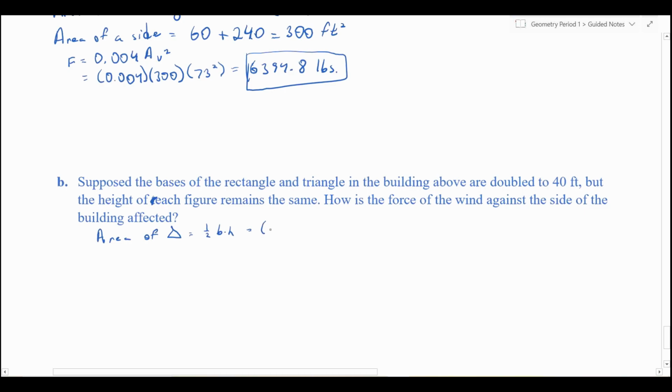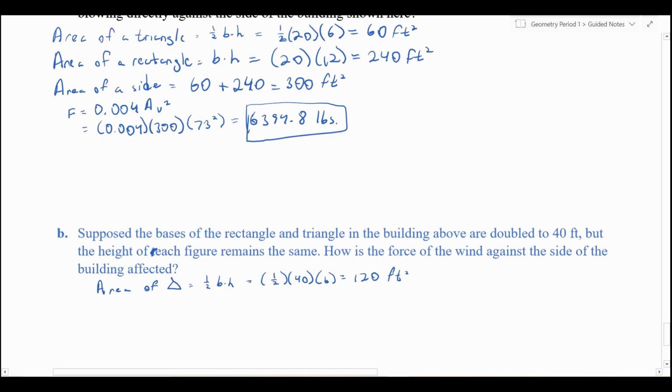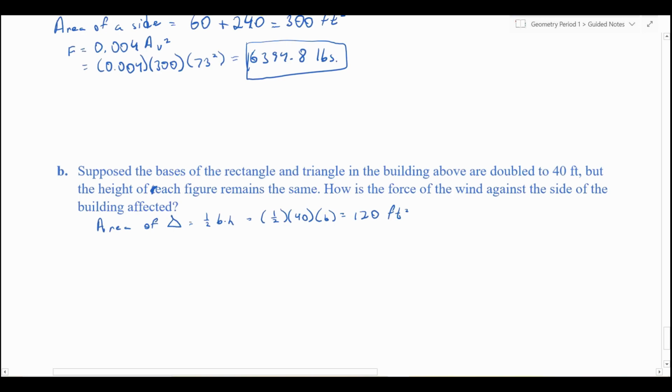We happen to know that this is 1/2 times 40 now, right, times 6. We get 120 square feet, right? We compare that to the earlier value, 60 and 120. Okay, we're trying to see if there is probably a pattern.